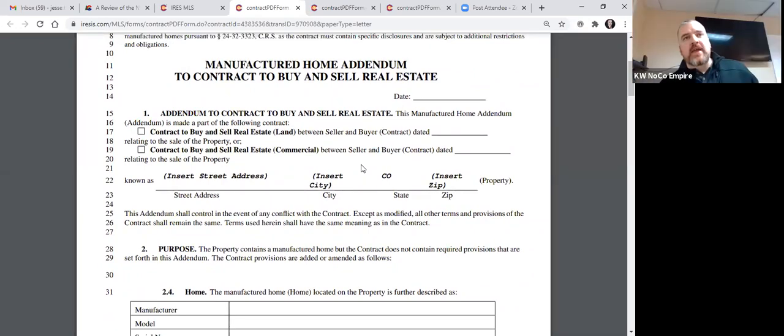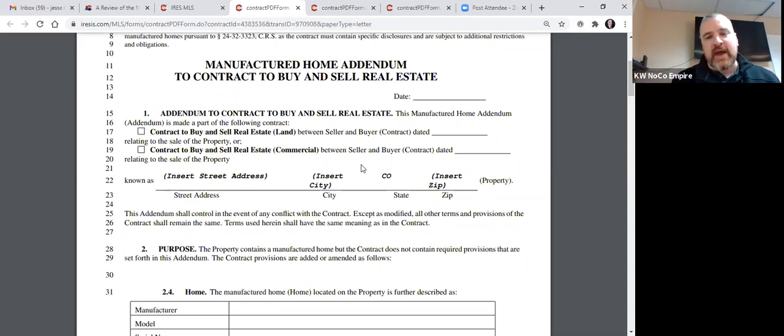Well, so again, you have to consider, is it a storage container home that is on real property, and is that real property being sold, right? If it is, then we would use probably the land contract with this manufactured home addendum, because the container home is probably not a deeded home. It is probably a titled home, right? Or maybe even a bill of sale. Maybe it even gets transferred with a bill of sale, right?